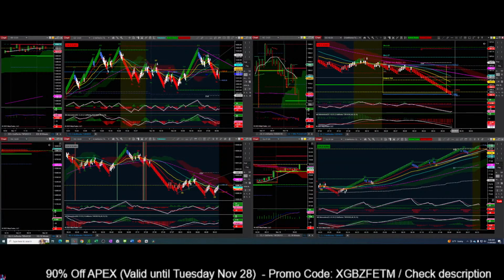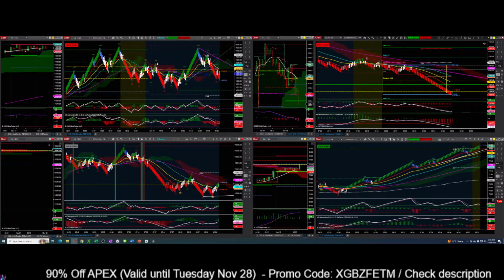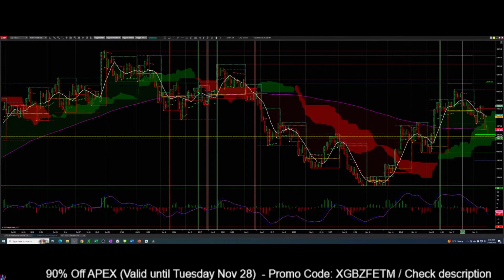See what is going to be the reaction here. Nice break off of that level up here. Looking at why I put this level. Oh yeah, there was a pivot here.